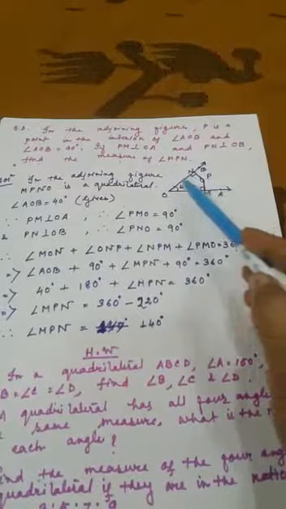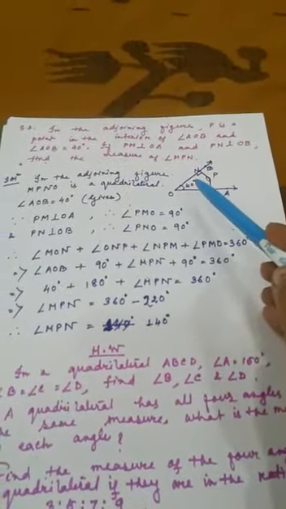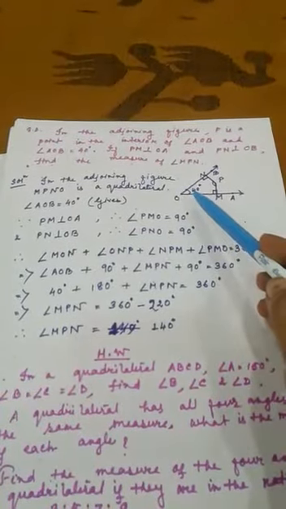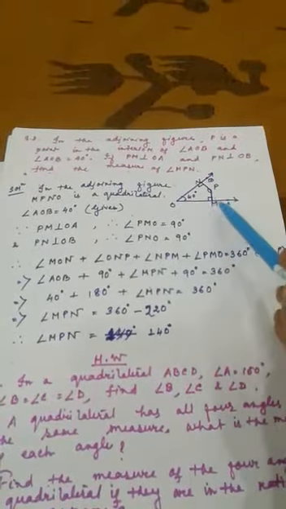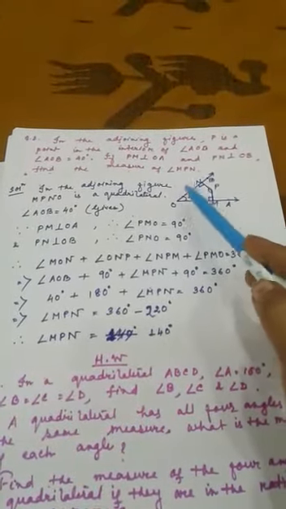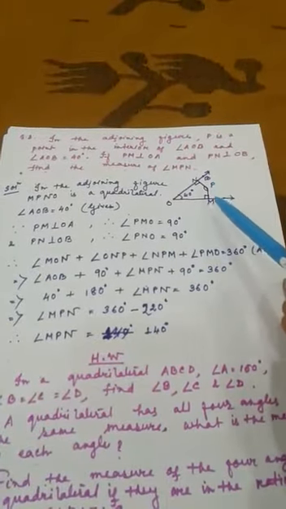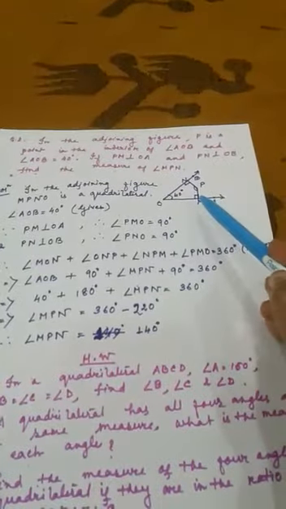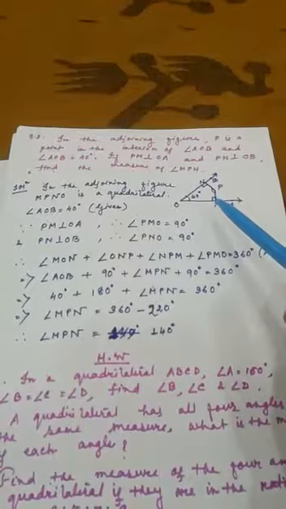So angle AOB or angle MON is the same. So one angle is already given to you. It is 40 degrees. And one condition is given: PM is perpendicular to OA and PN is perpendicular to OB. So if one line segment is perpendicular to another line segment, the measurement of the angle is always 90 degrees. It's already known to you.